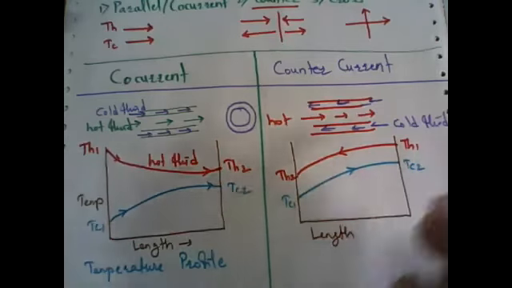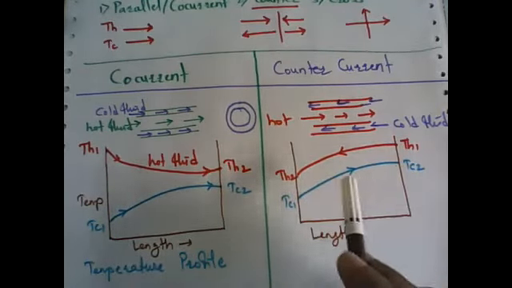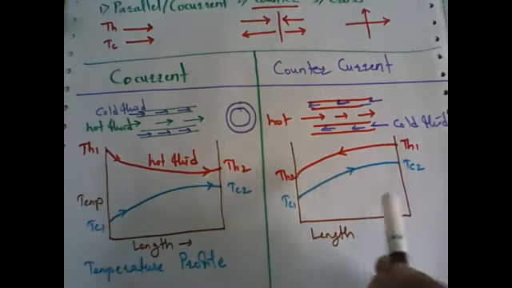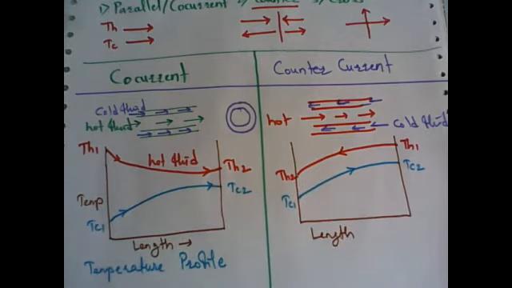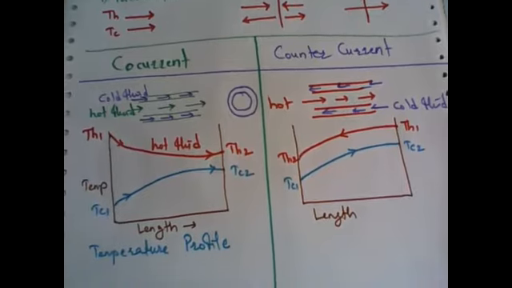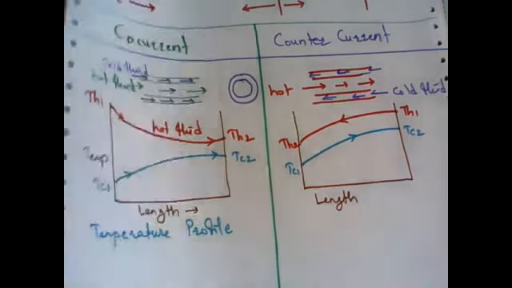But in the counter current case, the temperature difference along the length of heat exchanger is near about same. It means the rate of heat transfer is near about same throughout the heat exchanger, right?